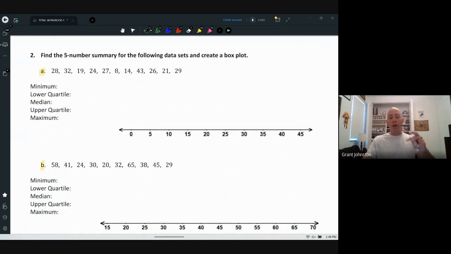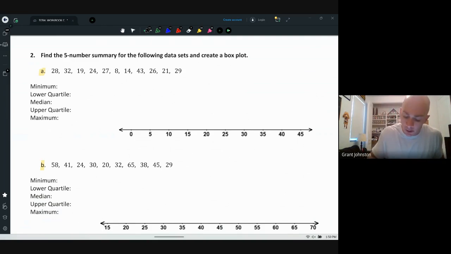Now we're going to move on to box plots. And you might have heard it as box and whisker in previous grades, but we're just going to call it a box plot. So it says find the 5-number summary for the following data sets and create a box plot. In order to create a box plot, you first need to put the values in order from least to greatest.